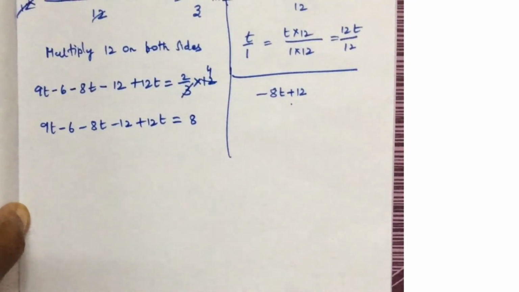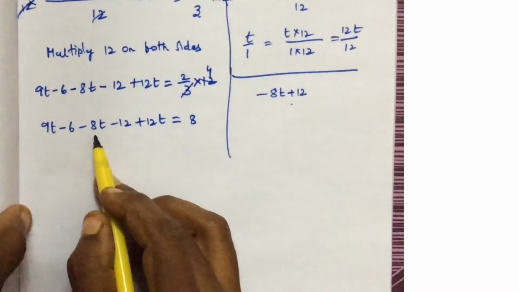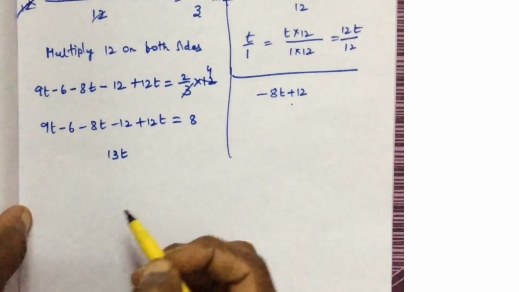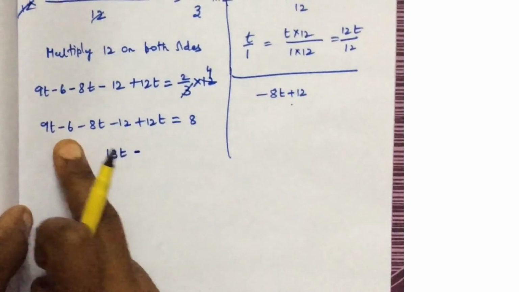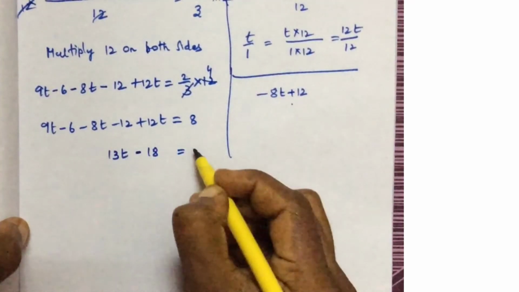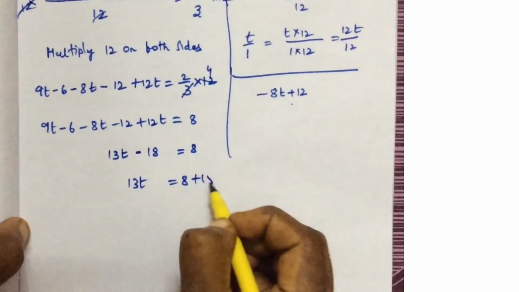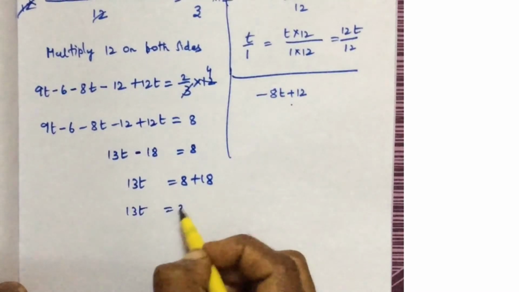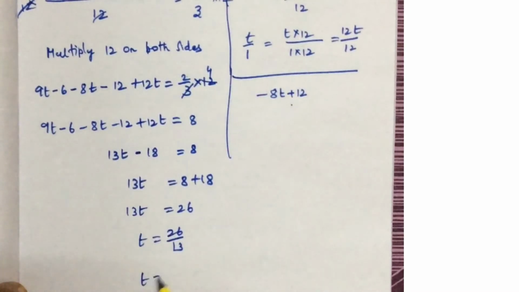Now, what is 9t minus 8t? It is t. t plus 12t, that is 13t. Minus 6 minus 12, so it is minus 18, that is equal to 8. So, 13t equal to 8 plus 18, 13t equal to 26, t equal to 26/13, t equal to 2.